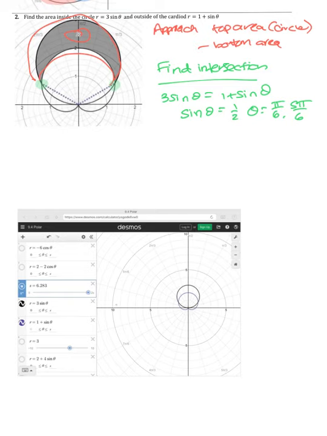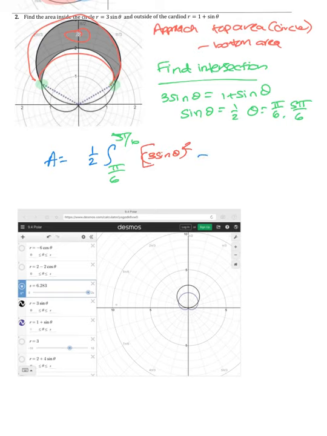I've identified which is my big area or my top area. That's my circle. So I can actually just go ahead and set up my integral. The area is 1/2 of the integral from pi over 6 to 5 pi over 6 of the big area, or the top area, which is (3 sine of theta) squared, minus the bottom one.